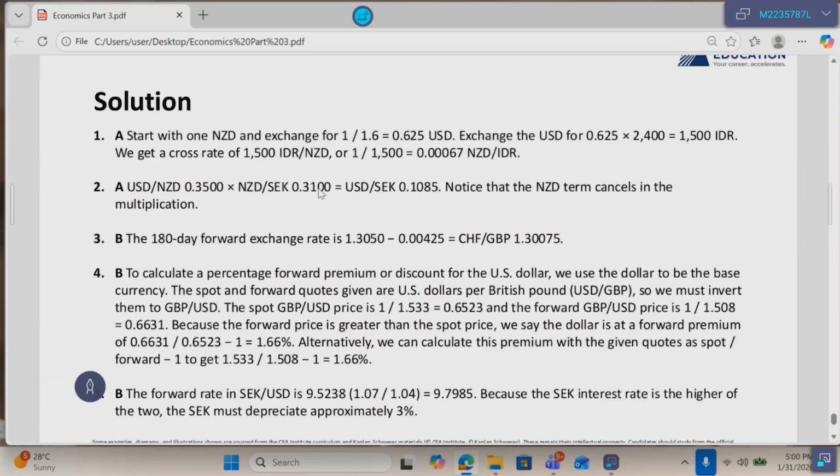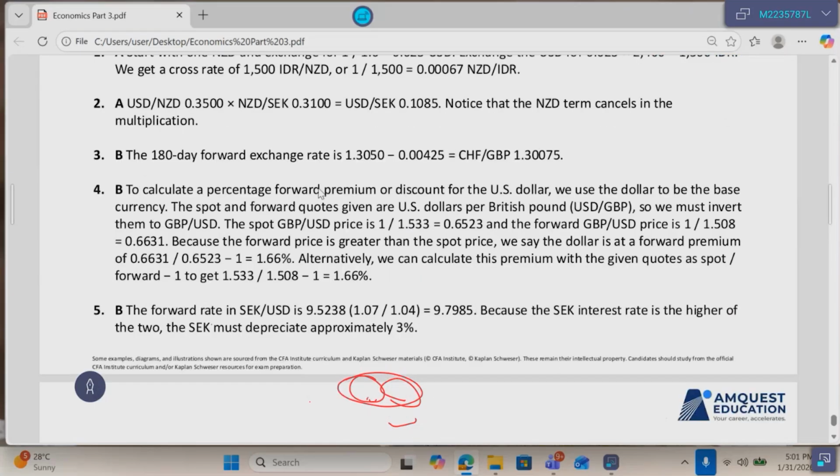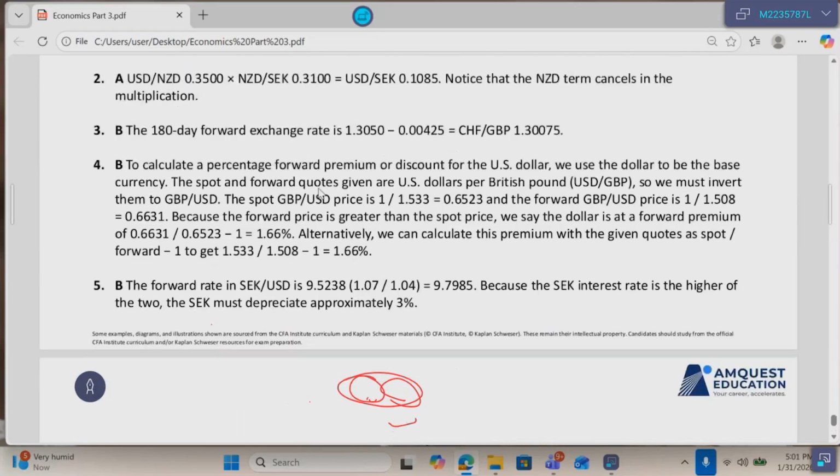When you compute a forward discount, use the basis points. When you do a percentage, make sure that you're using the spot. Forward rate is this much into the discount rate of the home country upon the foreign. Any questions? Very interesting. There are specific concepts, but this is a little important. Expect 1 or 2 small questions to come from this topic. Clear?